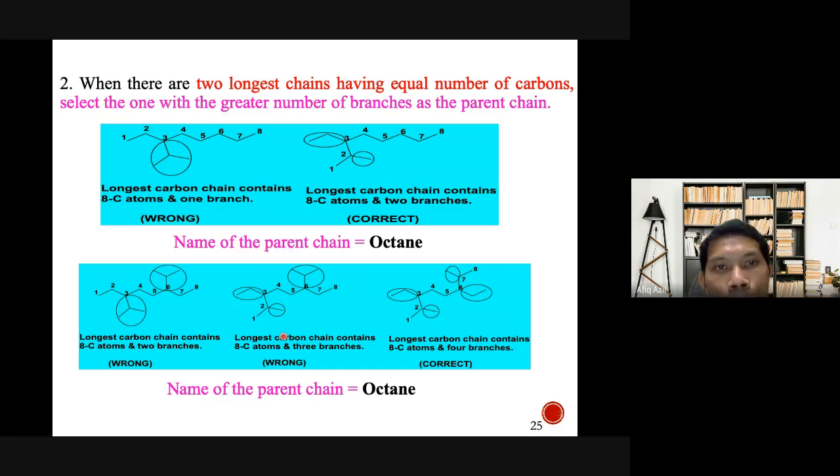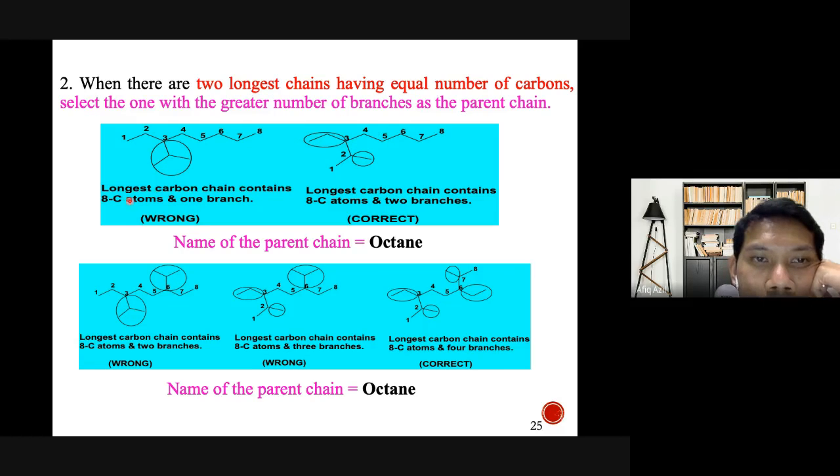And then when there are two longest chains having an equal number of carbons, select the one with the greater number of branches as the parent chain. So what does it mean? If you look over here, this example gives a longest chain of 8. This one also gives 8 carbons as the longest chain.